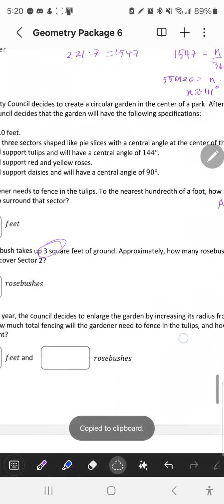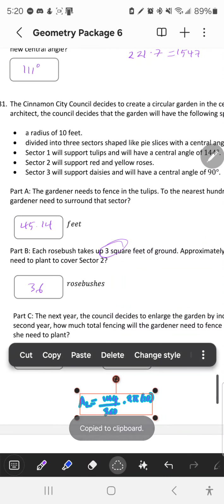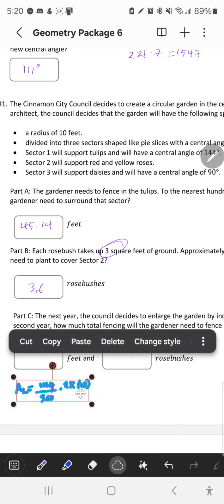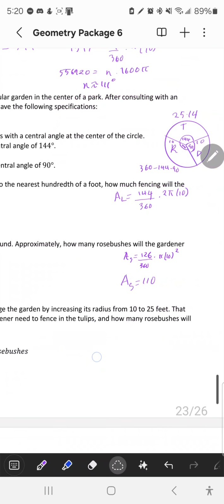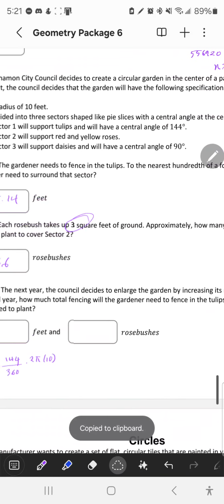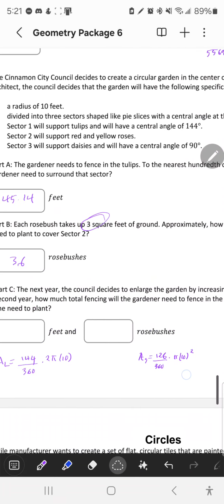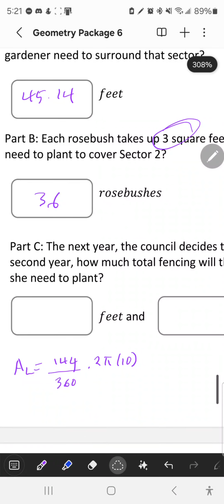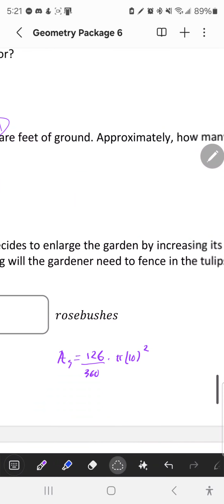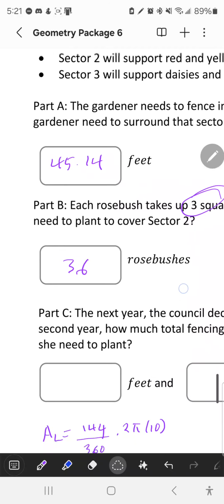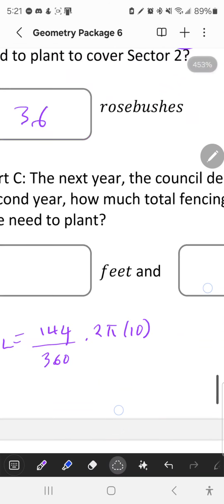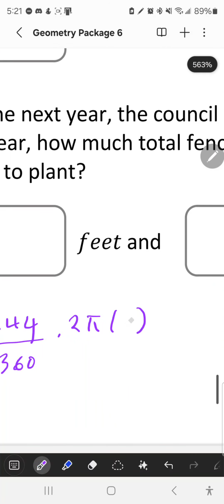I have the arc length of the tulips. Here's what we did in part A. Now I'm going to substitute the 10 by a 25.